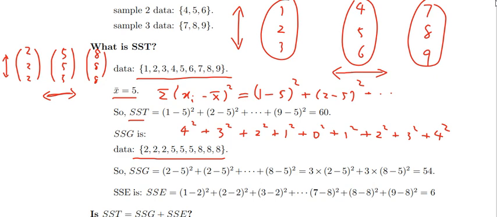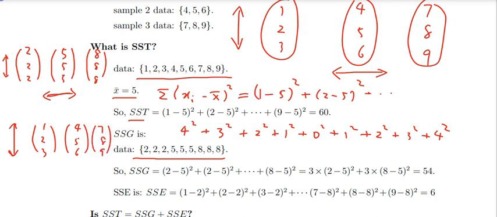Okay, so now what is SSE? For SSE, we just check the change from this direction. The data is 1, 2, 3, 4, 5, 6, 7, 8, 9, and we check the change within each group. So for 1 to 3, we just have these three numbers, and their average is 2.